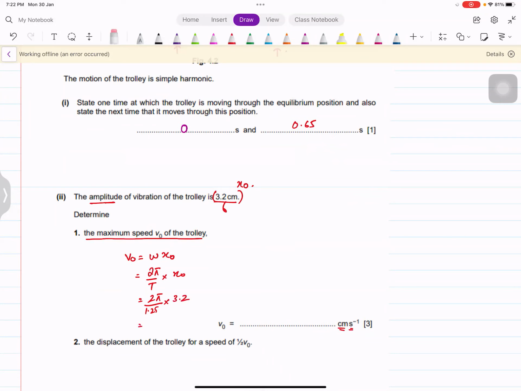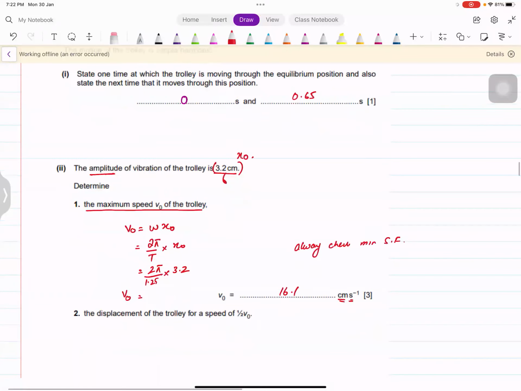Can you please help me find this? 16.1. Writing 16 would also be okay. Anything below or above would be wrong. So please do mind significant figures. All right. So always check minimum significant figures.